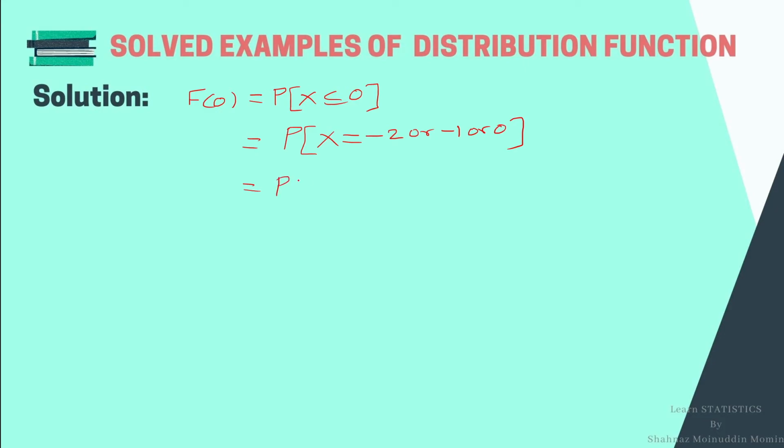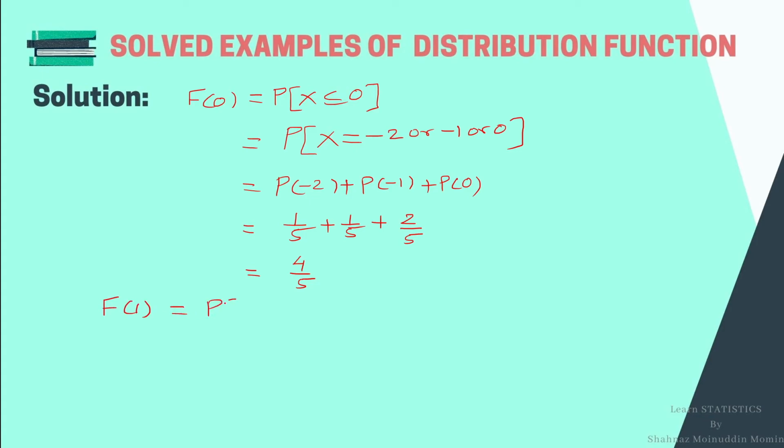That is probability of -2, probability of -1, probability of 0. By substituting the values from the probability distribution table, we get 1 by 5, 1 by 5 plus 2 upon 5. So it is 4 by 5.